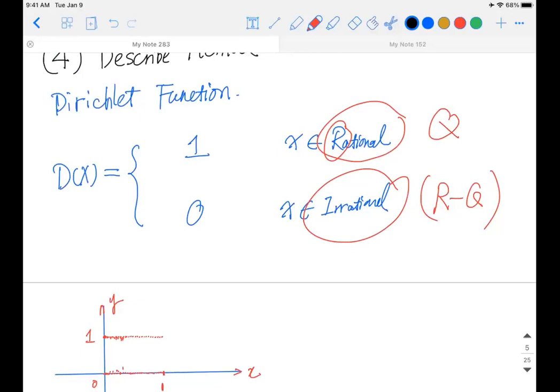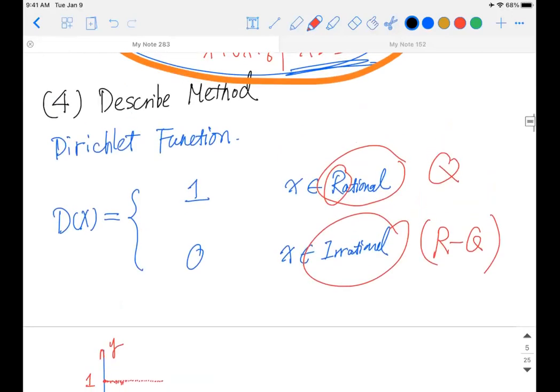Is it right? So this is actually the fourth way to present a function: the description method, where you just describe it. As long as x is a rational number, f(x) is equal to 1. As long as x is an irrational number, f(x) is equal to 0. More like human language.